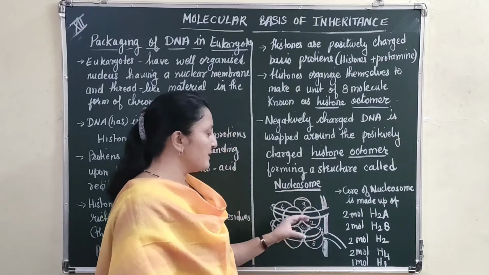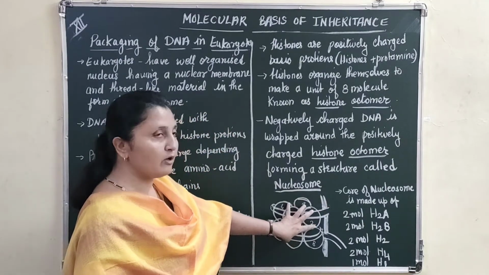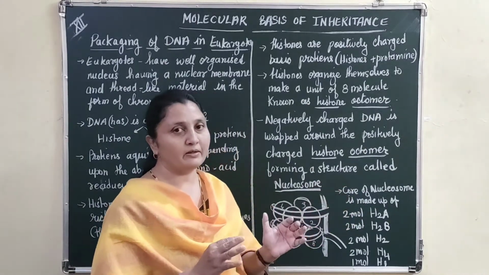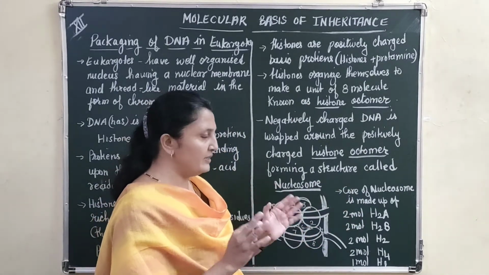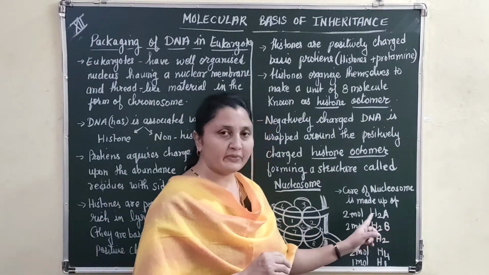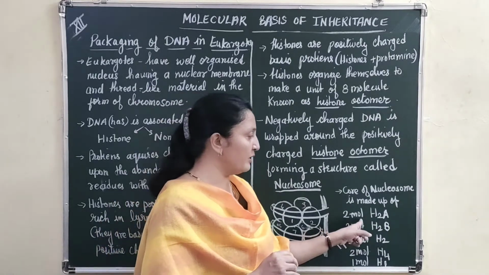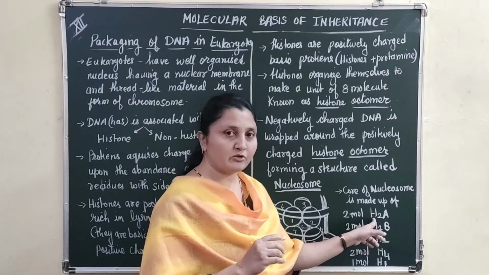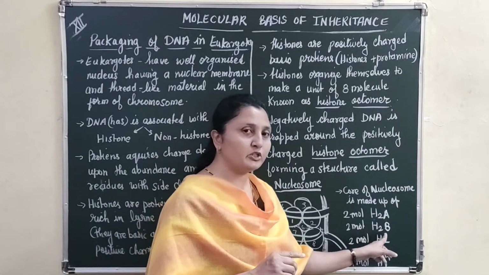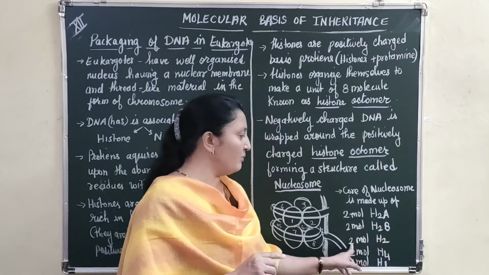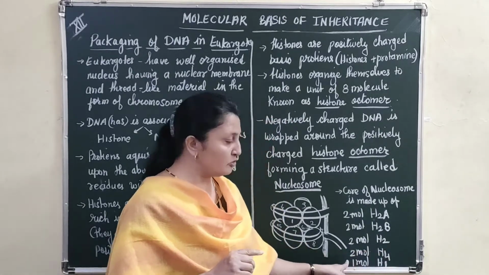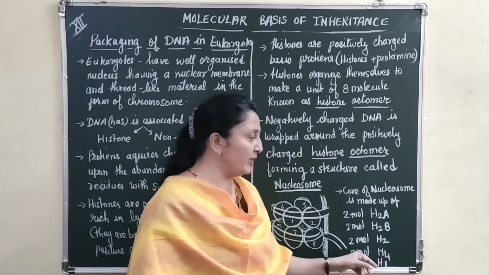Now this octamer is called the core, or the central part of the nucleosome. This core is made up of 2 molecules of H2A, 2 molecules of H2B, 2 molecules of H3, and 2 molecules of H4.